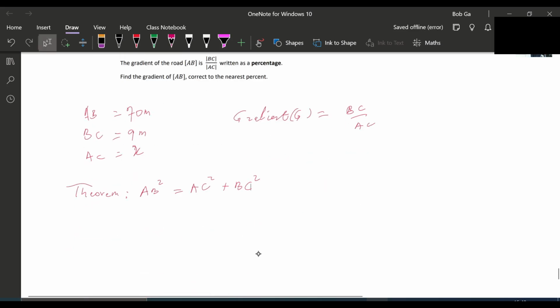And AB squared is 70 squared, so we have 70 squared is equal to AC squared, which is what we don't know, plus BC squared, and BC is 9.